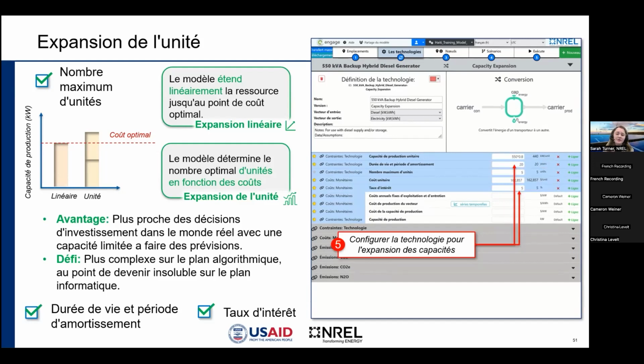Otherwise, the two remaining parameters we need to turn the diesel generator into a capacity expansion technology remain the same. We will use the same interest rates and the technological lifespan of a diesel generator, which is also approximately 20 years.